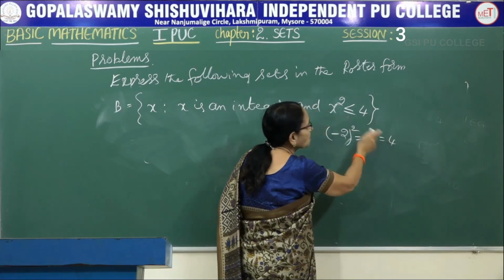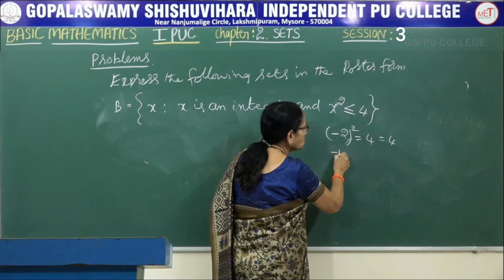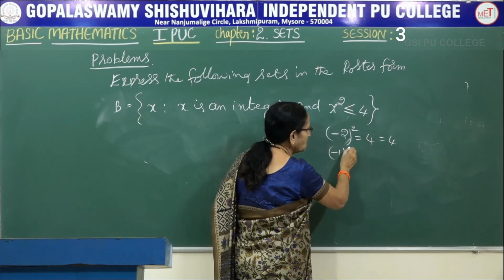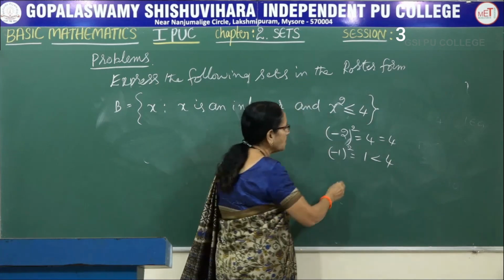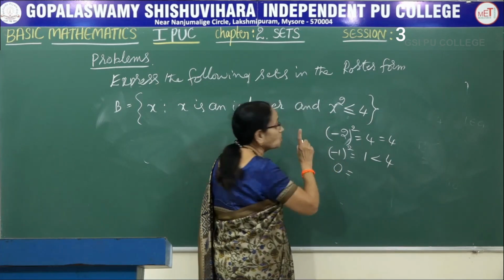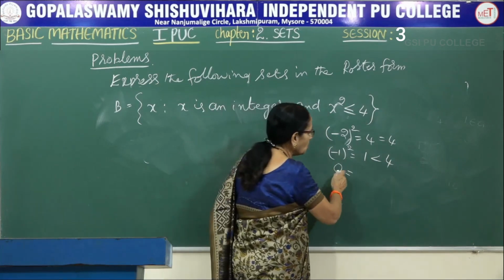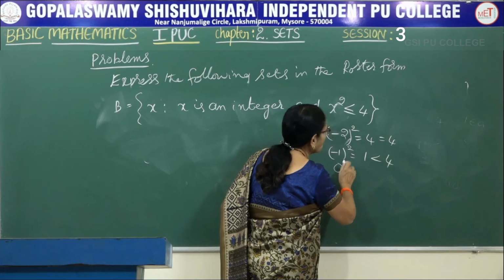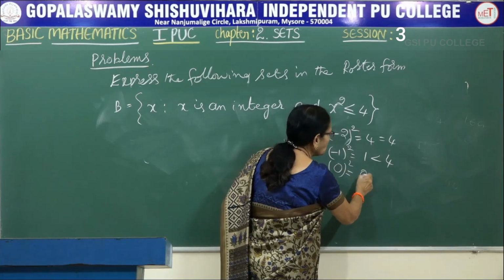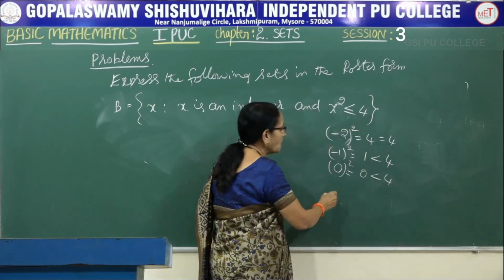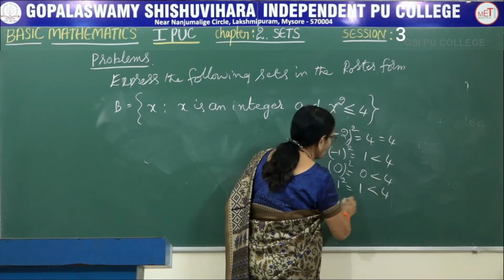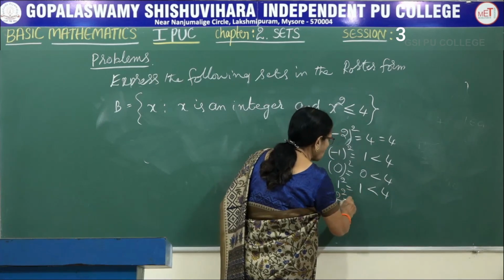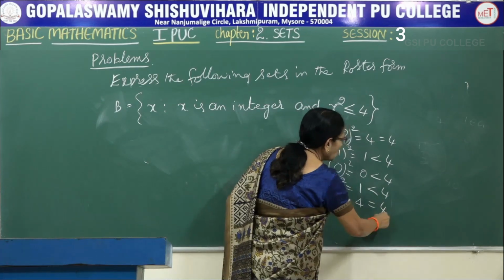So, equal to 4, equality comes into picture. Suppose I take the number minus 1, whole square is 1, certainly less than 4. Next integer is 0. I have to take only integers here. 0 square would be 0, less than 4. And you take 1 square, 1, it is less than 4. If you take 2 square, that is 4, equal to 4.